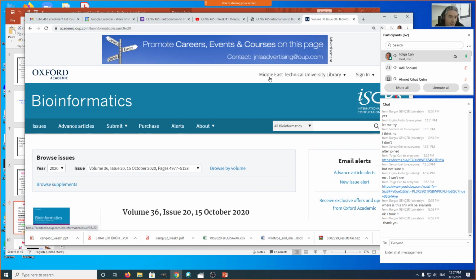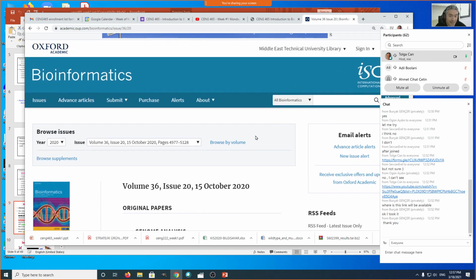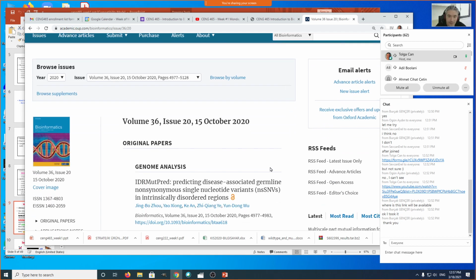It recognizes my IP address, Middle East Technical University Library. Some of the articles are not open access, but we can access even those. If you're at home, you can use our university's VPN, virtual private network, the information for which I think is on the Computer Center's website. So you can access these articles.